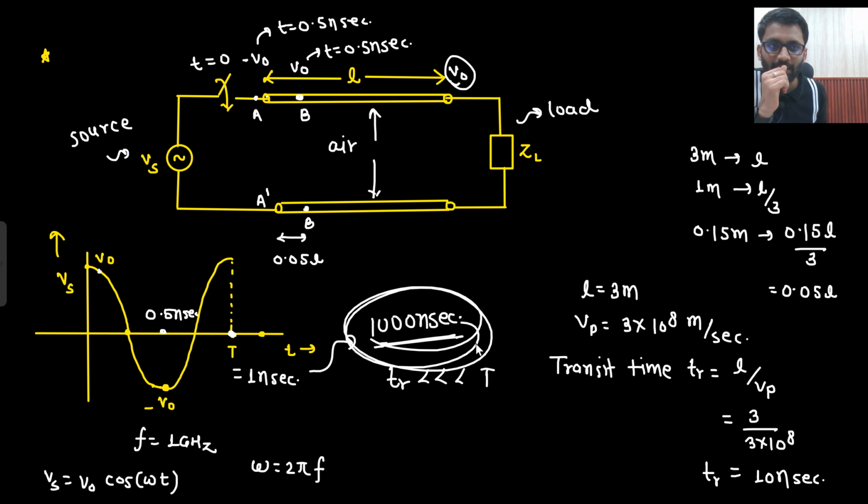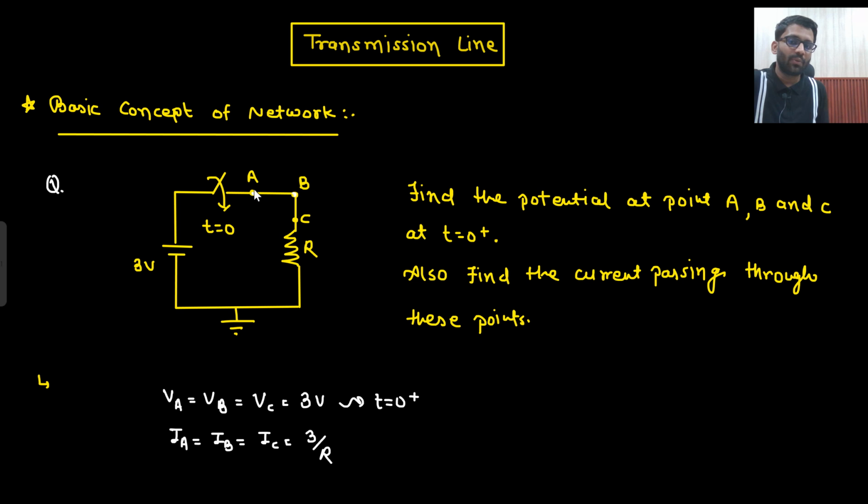What did I say? If my transit time is very low, that means you are taking very little time for the potential to reach from here to here. In the earlier case, how much time did it take for the potential to reach from here to here? 0 second only, no? Just as you close the switch, 3 volt reached here, 3 volt reached here, 3 volt reached here.